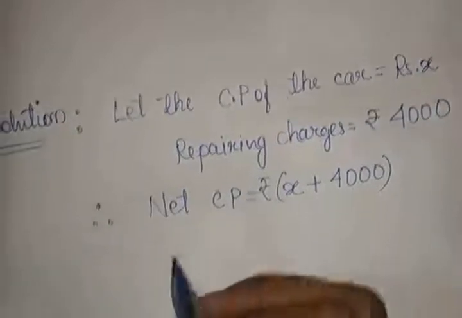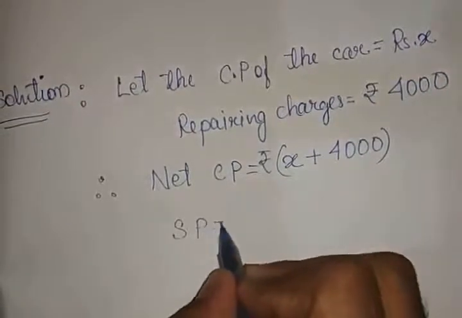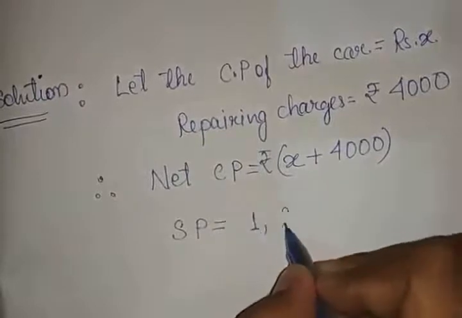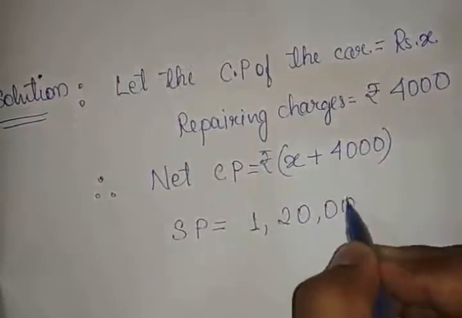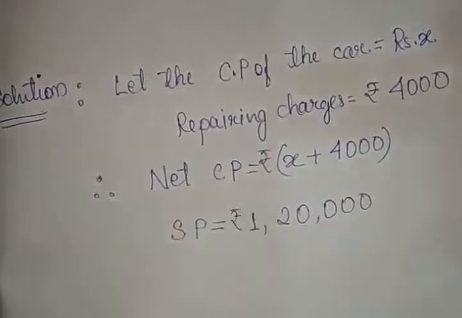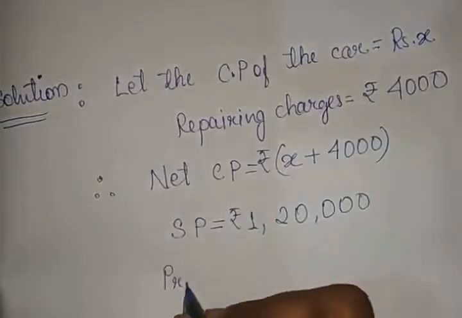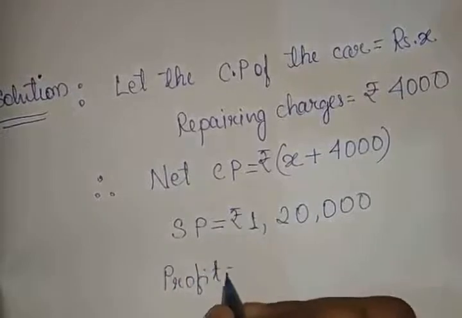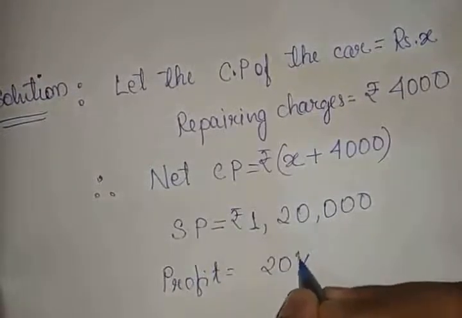Then after that, what is given? Selling price is given, 1,20,000 rupees. And also profit is given to us, 20%.